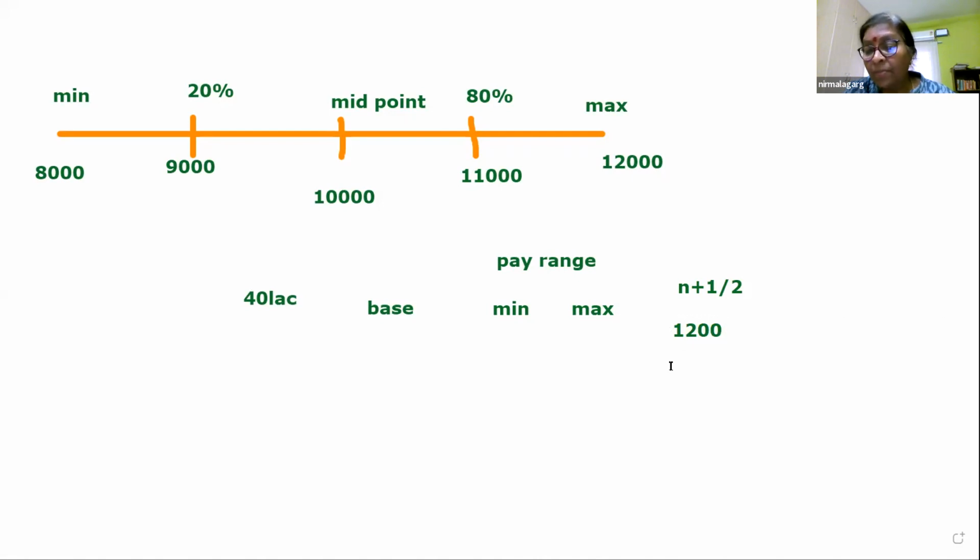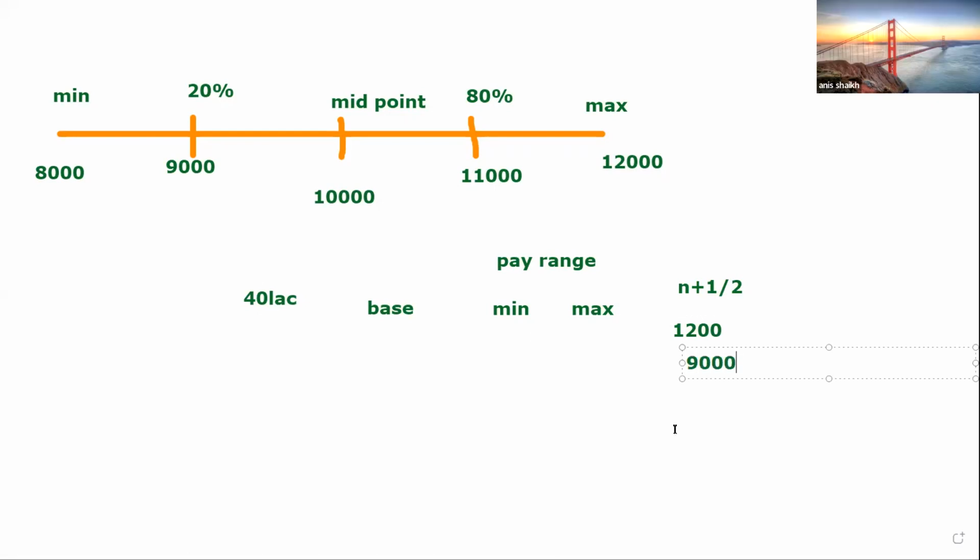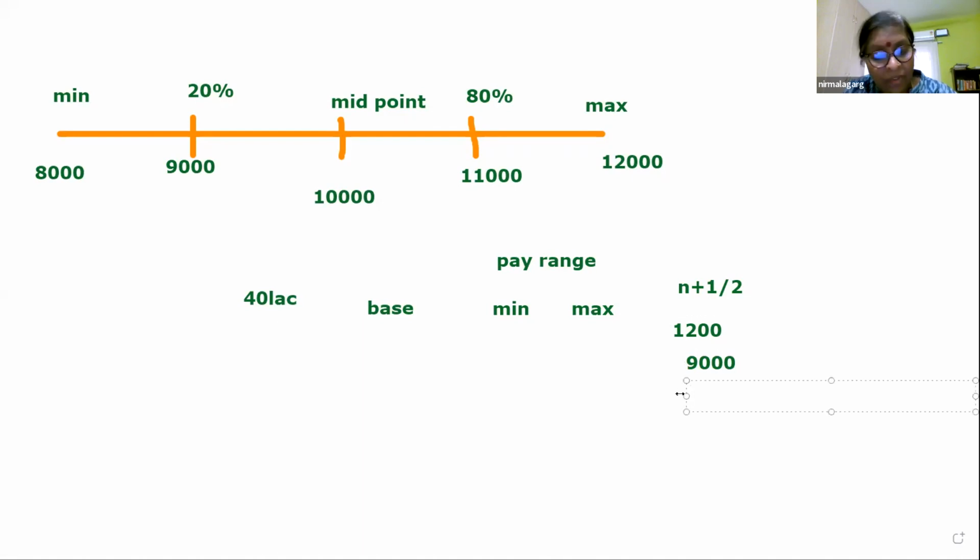I'll just give small numbers so that it's easy for you to understand. Then 9,000, because the grade starts from 8,000, say. Then there will be people at 10,000.